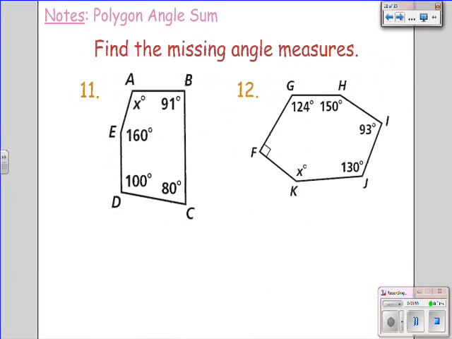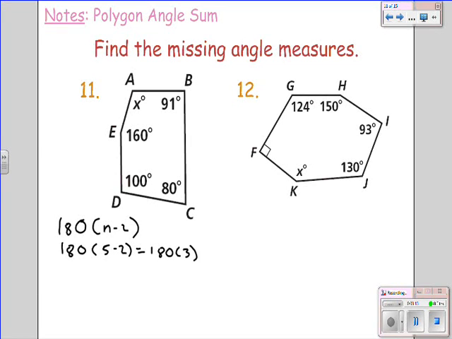All right, one more set. If you look here, we're looking for a missing angle measure. We know that this has 5 sides. So I need to figure out what 5 sides adds up to. So n minus 2 times 180. 180 times 5 minus 2 gives you 180 times 3, which is 540. Now you just add them up. So x plus 160 plus 100 plus 80 plus 91 has to equal 540.